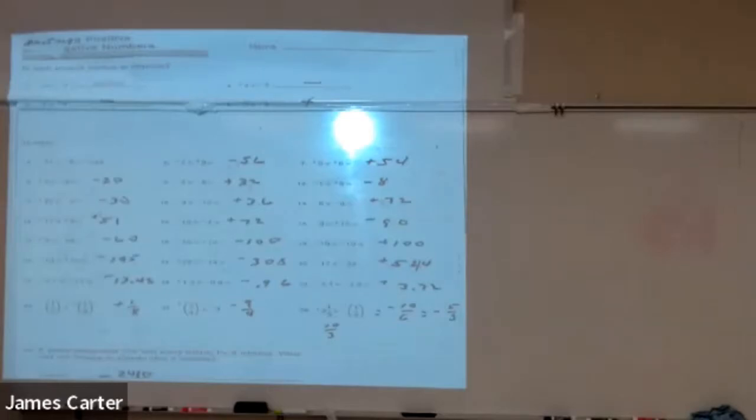Okay, what you're supposed to do on this is obviously score each problem. If you have a problem that's wrong, draw a hash mark through the problem number. Then hopefully with a contrasting writing color, write what the correct answer should have been.